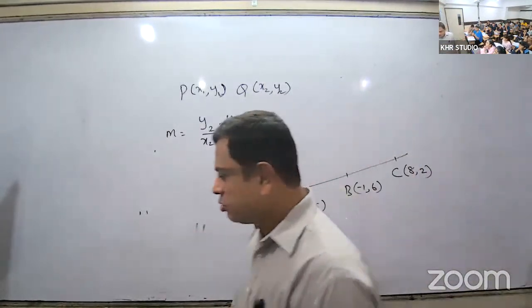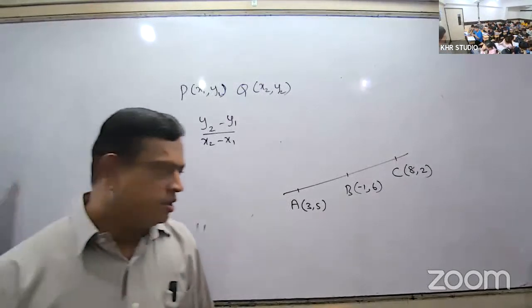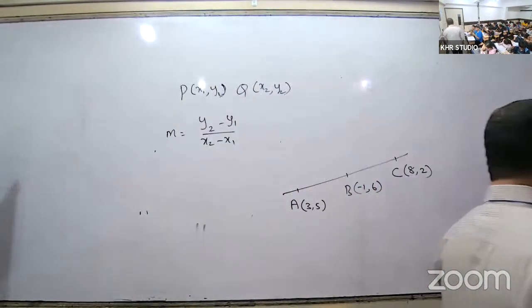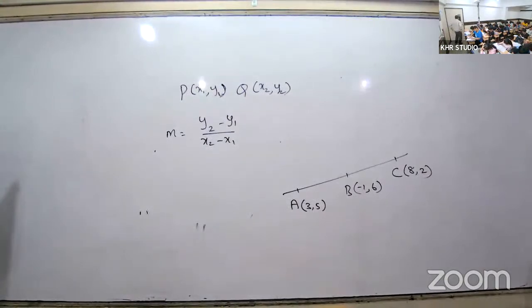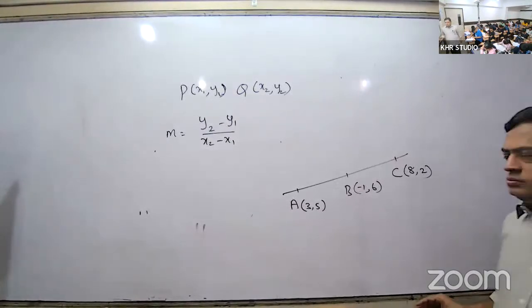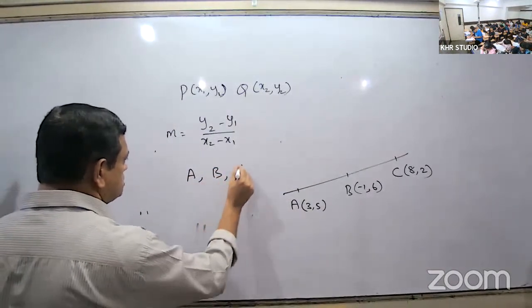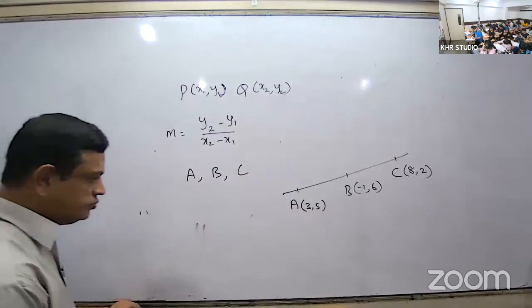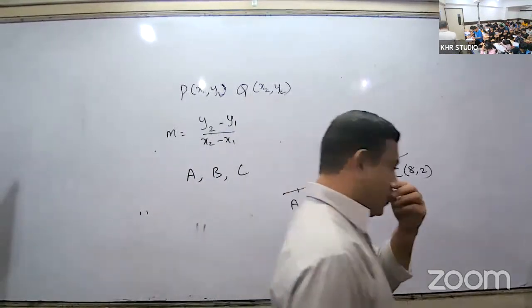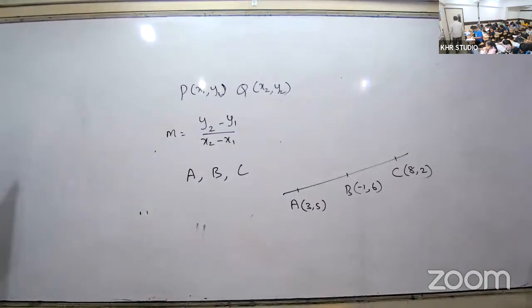Okay, you want to write: collinearity of 3 points. To prove 3 points A, B, C are collinear, prove that slope of AB is equal to slope of BC.